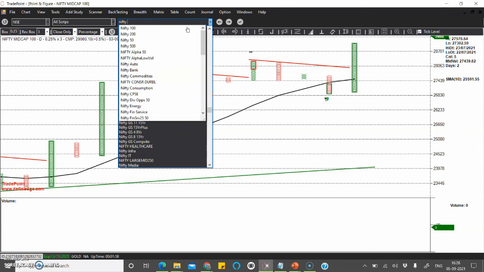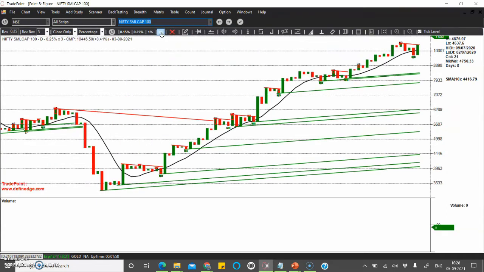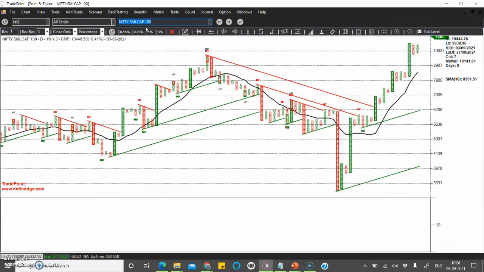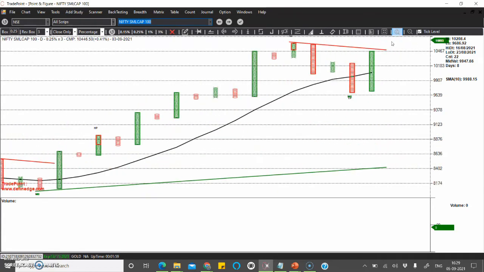Let us check the Smallcap 100 index. Here also in 3% I won't see any correction. In 1% it corrected, and it is again moving up in the latest column. In 0.25 box size, again we discussed that there was a kind of bearishness happening over here, and it reversed with a low pole, and we need to see if this downtrend line will have any effect over here or not.